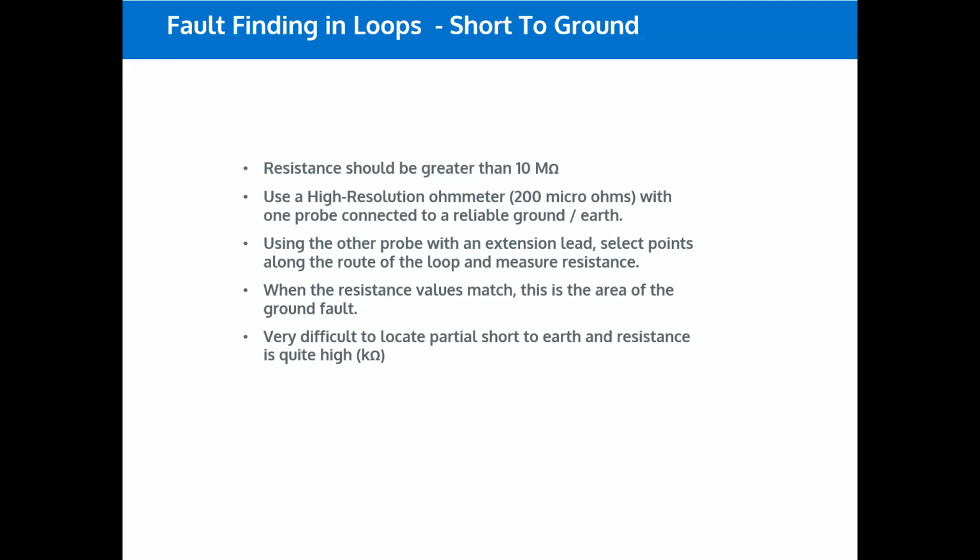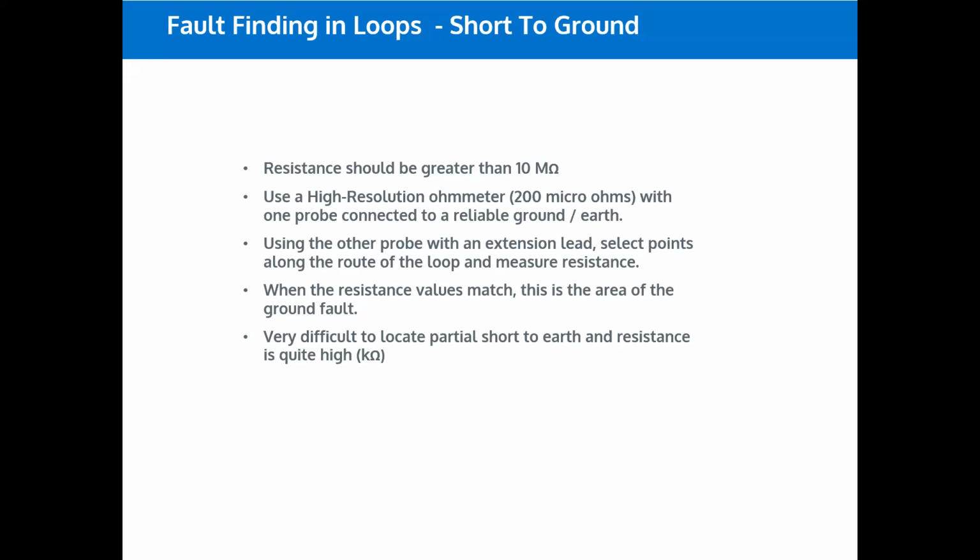The easy ground loops are where you've got a nail or something that has pierced the loop, and it's effectively a short circuit, and you'll be getting maybe 10 ohms or 20 ohms or 30 ohms or 40 ohms or whatever.